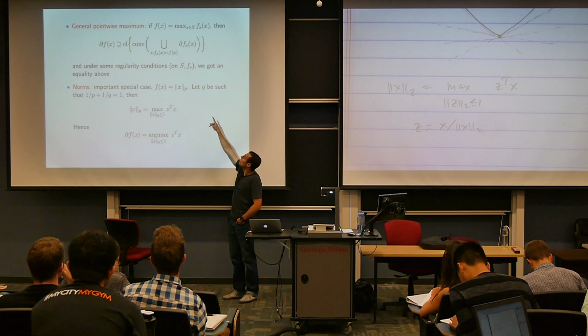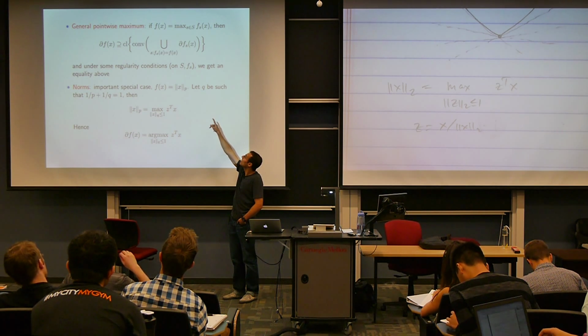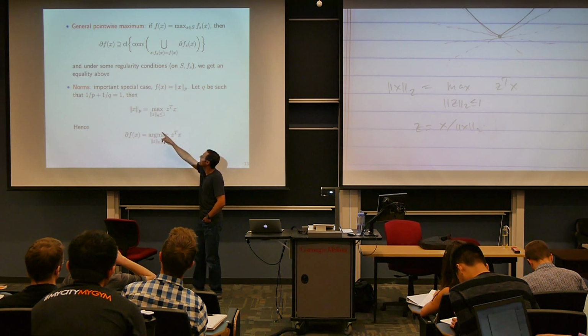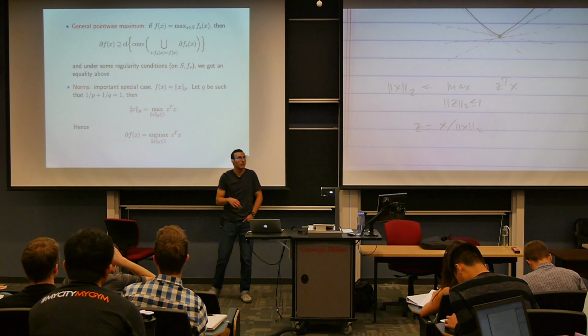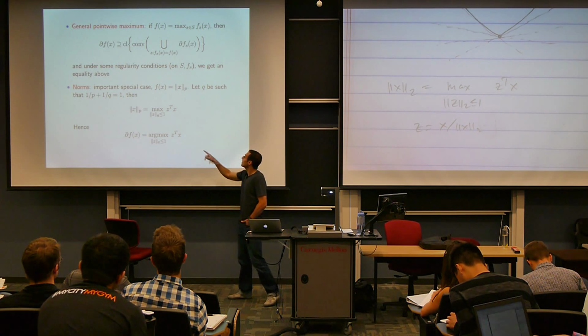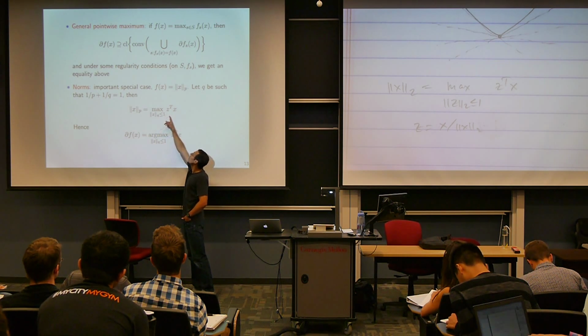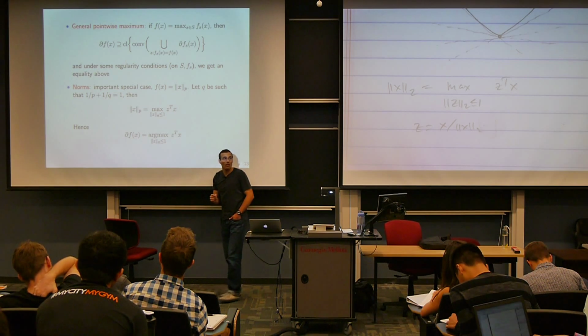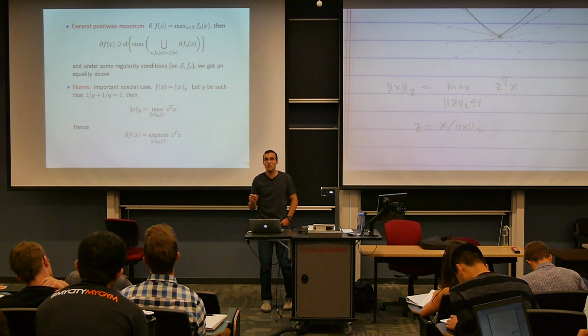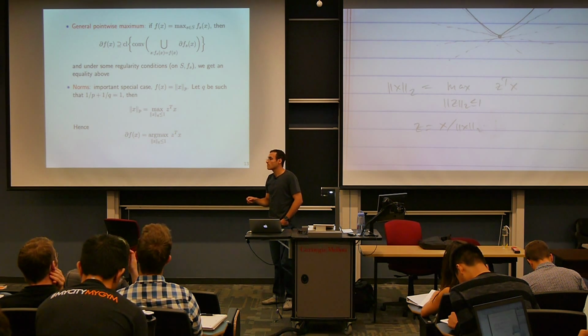So what we're told is that to take the subgradients of the LP norm, say, we need to first find all of the z's that achieve the maximum. So all of the z's that make z transpose x equal to the LP norm of x.